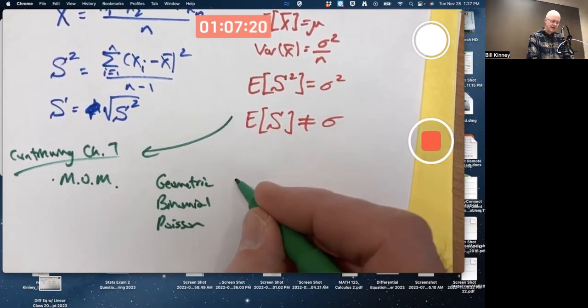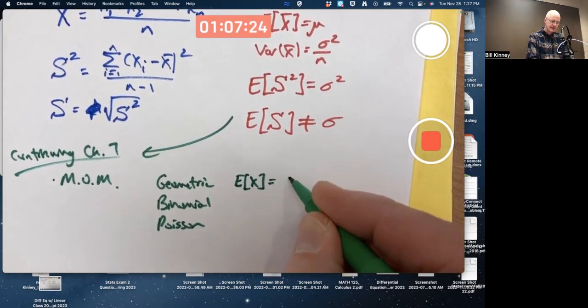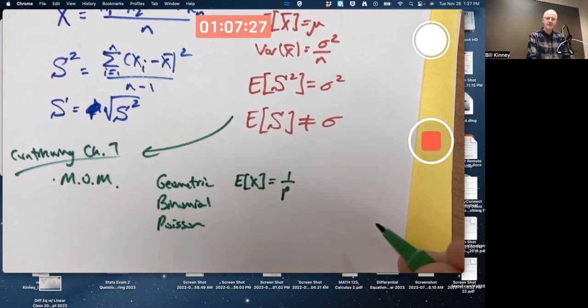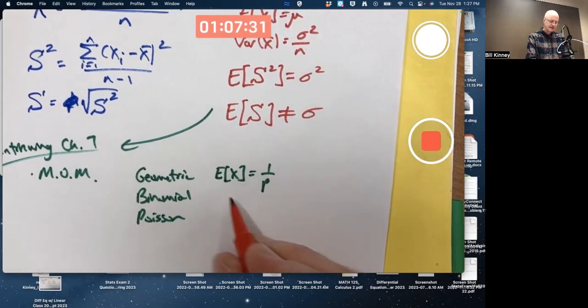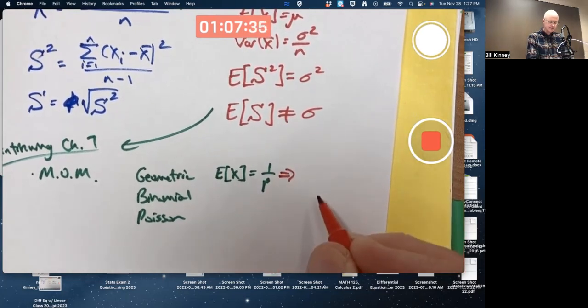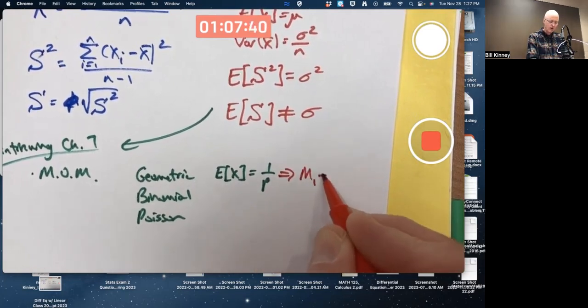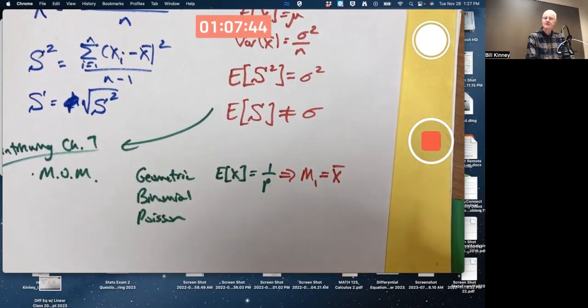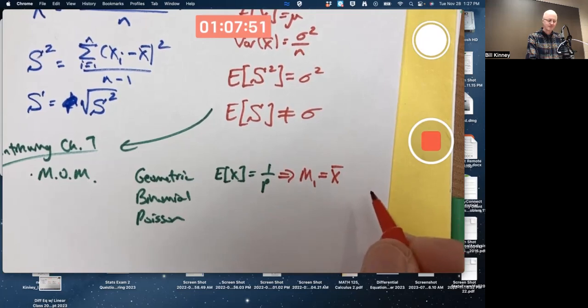You take a theoretical fact about, for example, the geometric distribution, that the expected value is 1 over p, and you replace these theoretical ideas with statistics. Expected value of X gets replaced with the first moment. You could call that M1, but more commonly call it X bar.